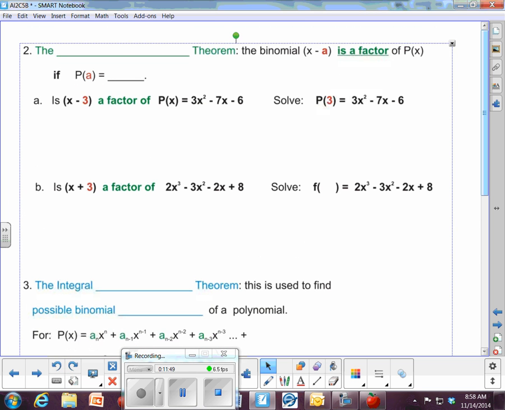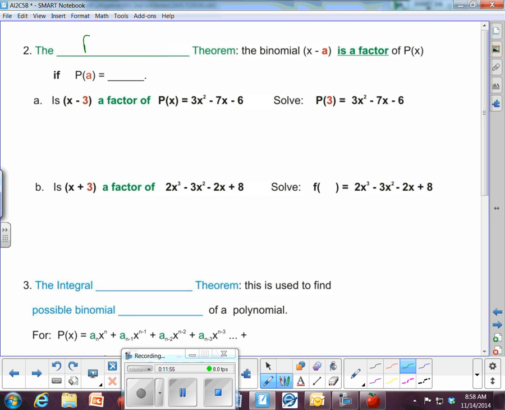All right, number 2. So that was the remainder theorem. Now comes the factor theorem. And this is really what we're after. We got to find factors, and that's what we're trying to end up at.